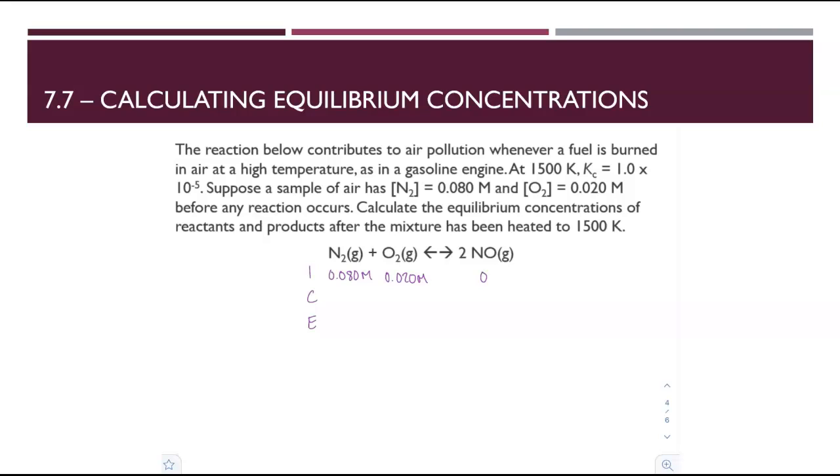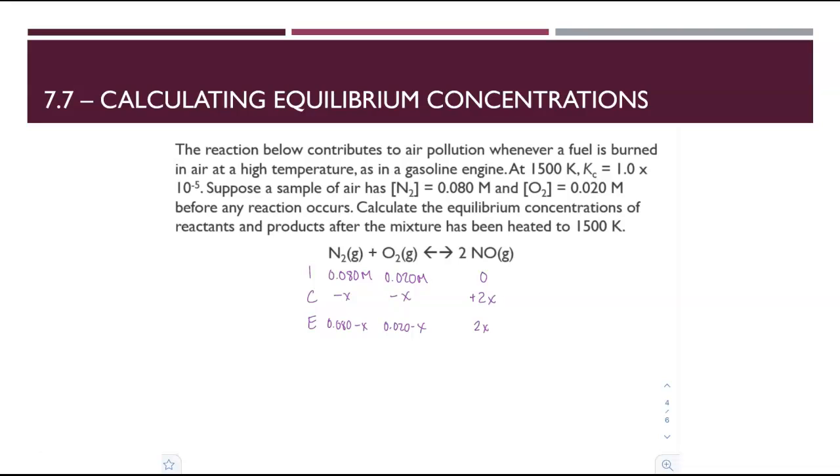Now, the change is going to be minus X for nitrogen, minus X for oxygen, since both have coefficients of 1, and plus 2X for our product because there's a coefficient of 2. So at equilibrium, our nitrogen concentration is 0.08 minus X, our oxygen is 0.02 minus X, and our NO concentration is 2X.